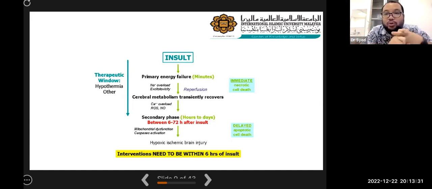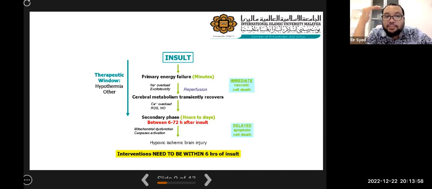Contohnya macam apa? Macam glutamate. So glutamate ni akan di excreted into the synaptic cleft. So this is what causes the neurons to be excitotoxic. So baby akan jadi macam tu hyper alert. Lahir at birth pun you akan nampak dia dah mata terbeliak, dia akan irritable. So this is what happens.